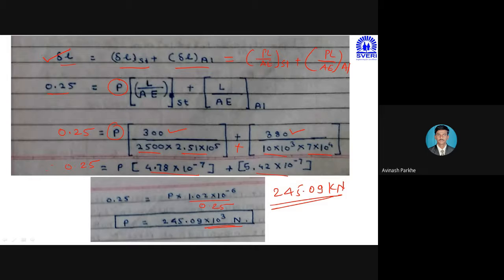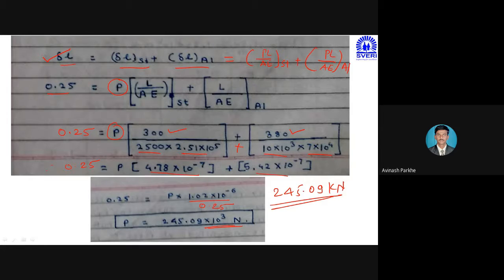Anybody is having any problem? You have not understood this particular part? Please ask in the chat box, or you can unmute from your side and ask if you have not understood. I will explain once again. Okay. So these are the numericals based on the type number 2.